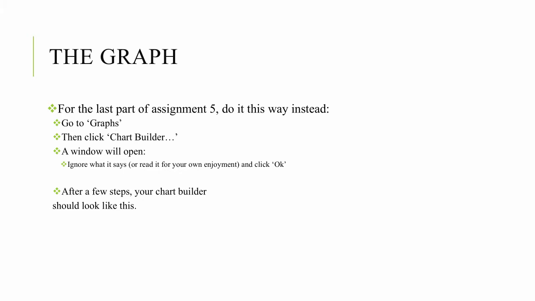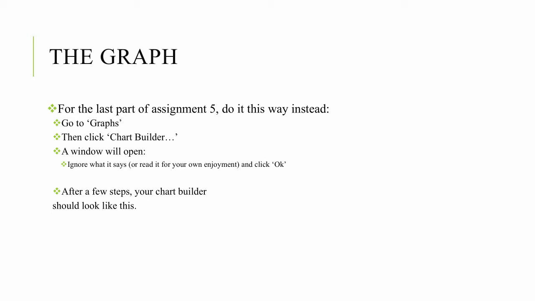Okay, so the graph. There was a lot of confusion, I guess I want to say, on what it should look like. Some of you were on the right track, and I didn't give away too much because I wanted you to try and see what kind of graphs you would come up with. There's one more step that we needed to do. When you go to graphs on SPSS, you're going to click Chart Builder.